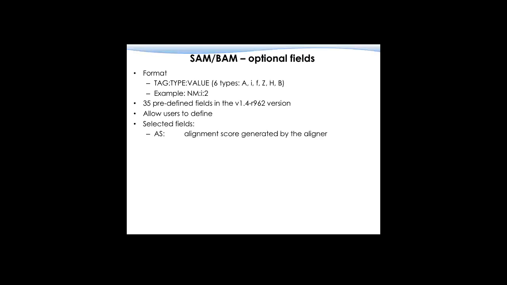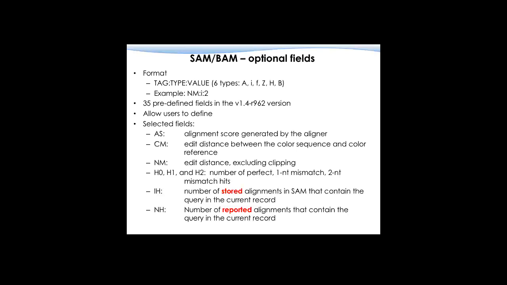So NM is the number of mismatches, also called edit distance. But these fields afterwards are really optional. You can put them into the BAM file or not. And if you need to know that, or if you want to write your own BAM file and put them in, then you can check this definition to make sense of it. So that is basically how this part is defined.